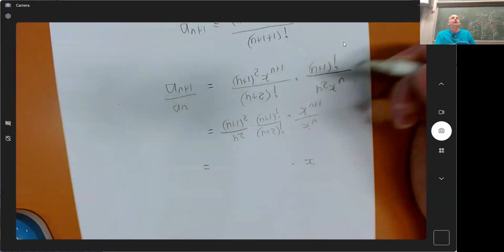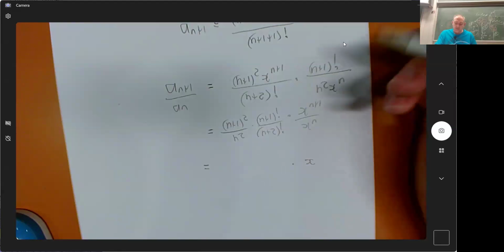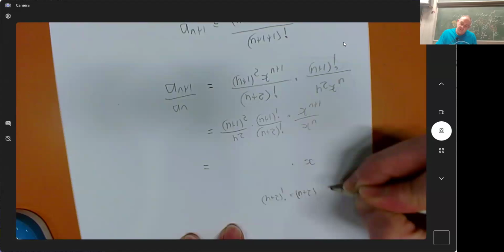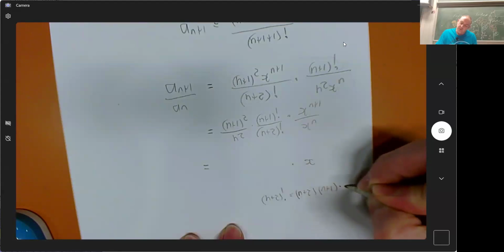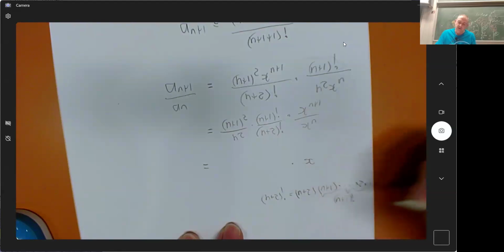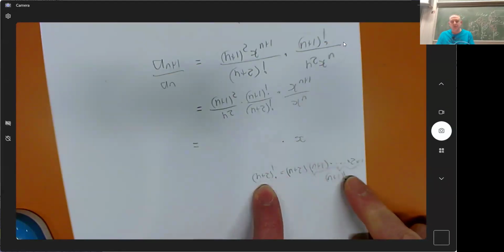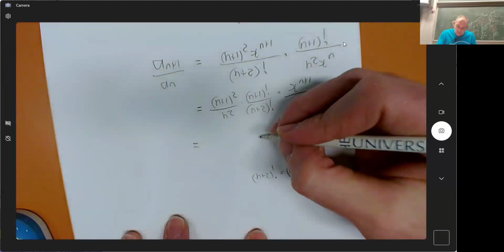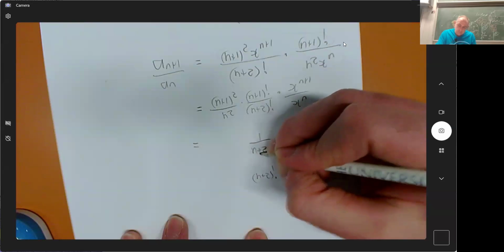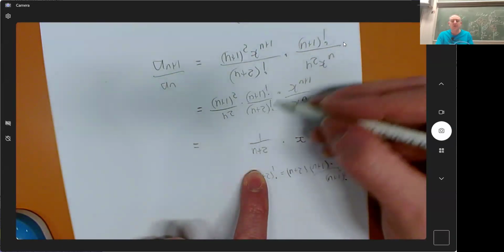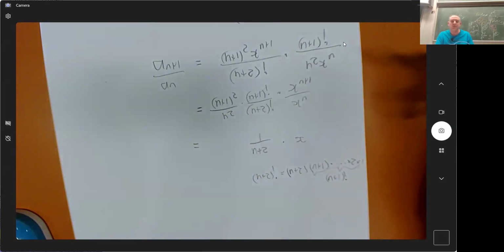And for this one, well, (n+2) factorial is (n+2) times (n+1) times all the things all the way down to 1. And this bit here is (n+1) factorial. And so (n+2) factorial divided by (n+1) factorial must be n plus 2. And so what I get here is 1 over n plus 2, because I've cancelled out the (n+1) factorial from the top and bottom.